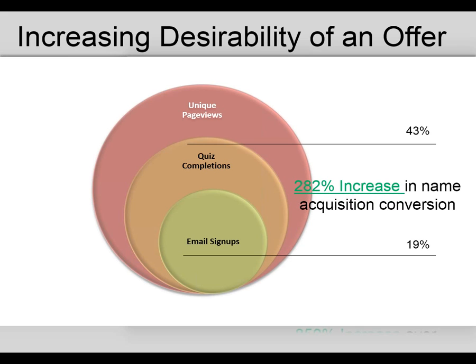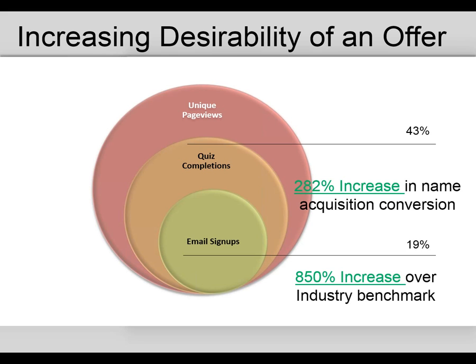Now, if we compare this to the existing model, where we were just posting the document on the website and saying, hey, you can download this, it's great, we increased our name acquisition by 282%, and compared to industry benchmarks, it was an 850% increase over the nonprofit industry benchmark for email registration capture. So again, just coming up with ways to create relevance and excitement and desirability for our offer are some of the ways that we can increase the number of new email addresses we acquire.